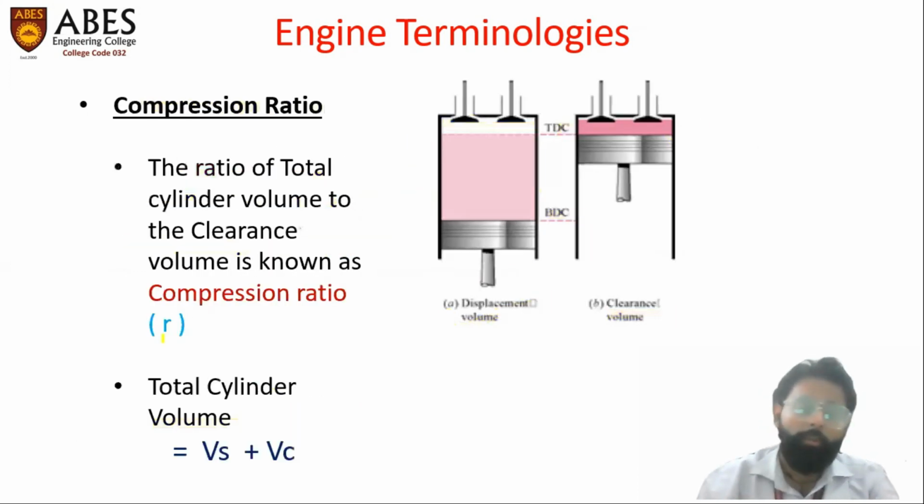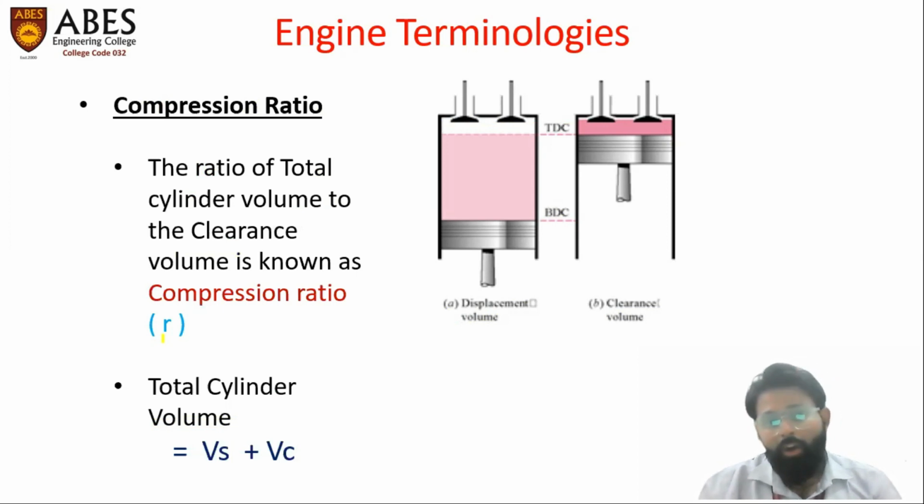After that, one more important terminology comes, that is the compression ratio. So what is the compression ratio all about? Compression ratio is obviously a ratio. This is the ratio of the total cylinder volume to the clearance volume. That means it represents how much the charge, the fluid which entered the combustion chamber, gets compressed, at what ratio it gets compressed.